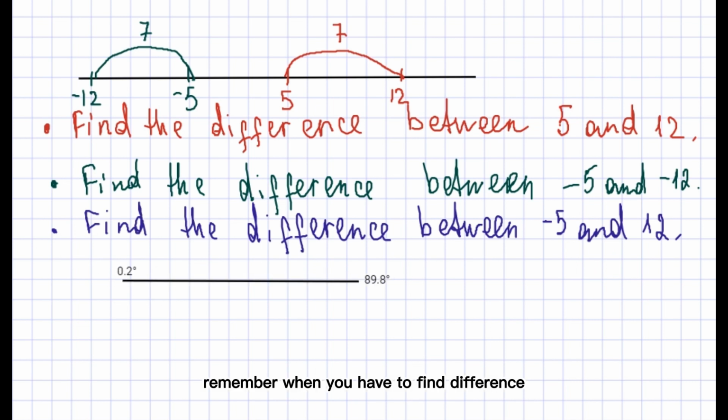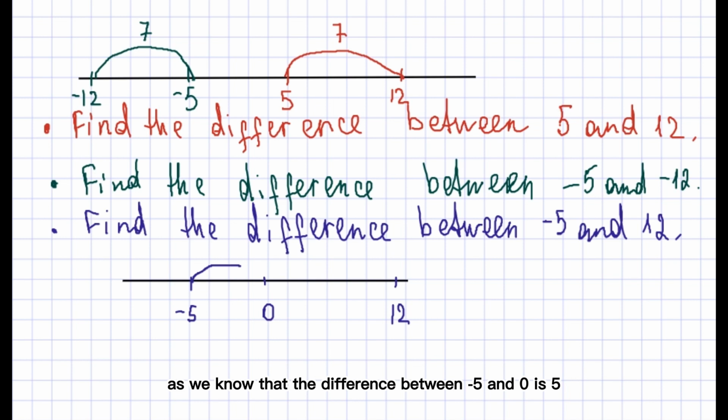Remember, when you have to find the difference between numbers that have different signs, like one of them is positive, another is negative, it is very important to plot 0. If -5 is here, 0 will be here, then 12 is here. So we can find the difference in 2 steps.